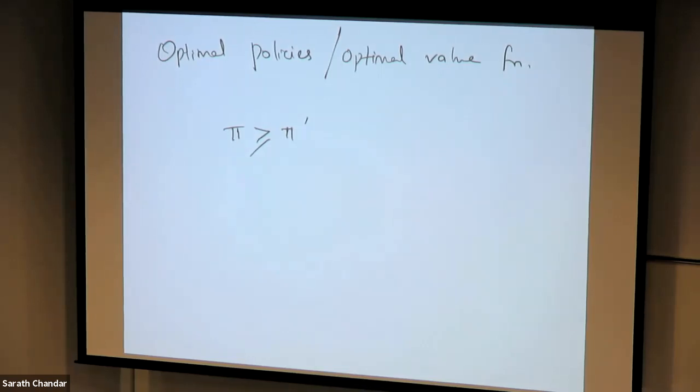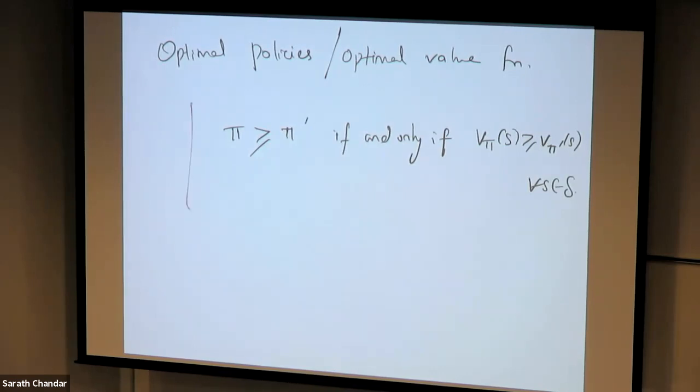Is there any other way to define it? When you get better expected return, and how would you estimate that? By comparing the value functions. So I'm going to define pi to be greater than or equal to pi dash if and only if v pi of s is greater than or equal to v pi dash of s for all s.